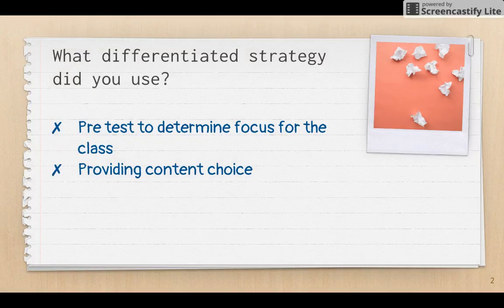The course that I did this for was my classroom management course that I started a couple years ago as a completely face-to-face course, and then it has evolved from face-to-face to hybrid to now completely online.